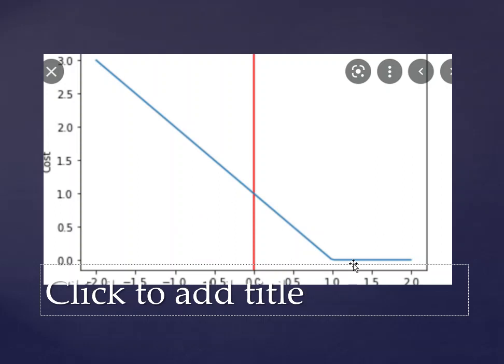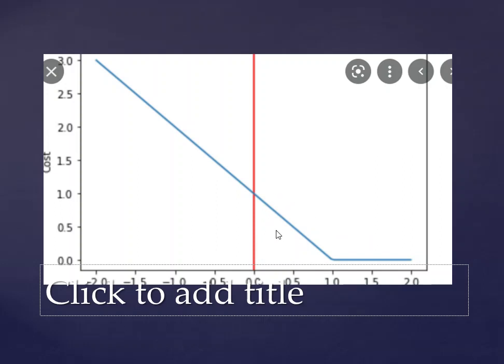This is the graph for hinge loss, and this is the distance from the boundary. On the x-axis we can easily see that on the left side, the incorrectly classified data points, the hinge loss value is higher, and on the right side, the correctly classified data points, the value of hinge loss is lower.